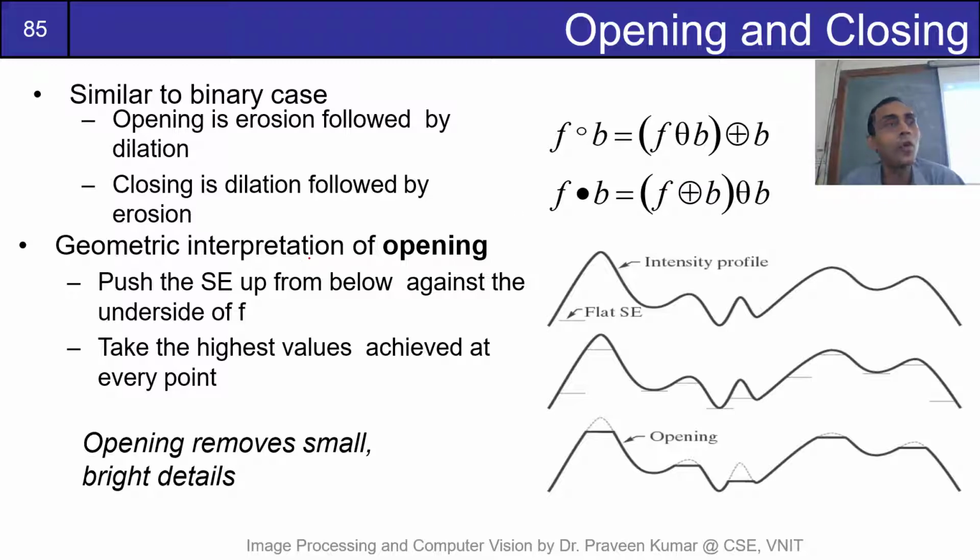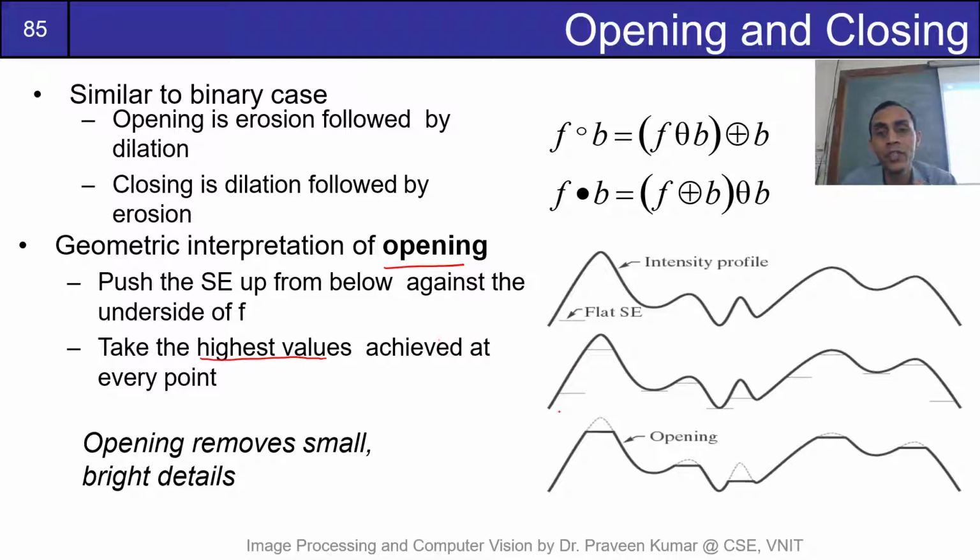Geometrically, if you want to interpret, let us say, the opening operation, the geometrical interpretation almost remains the same. We take the stretching element, push it along the boundary from the bottom, and as far as it goes, for example, we'll take the highest value achieved at every point.